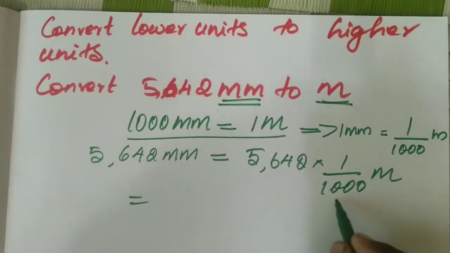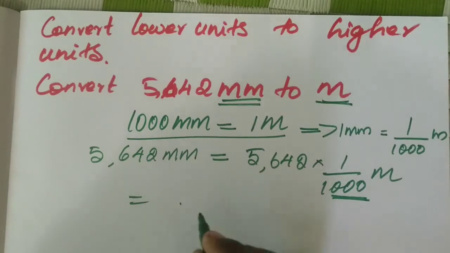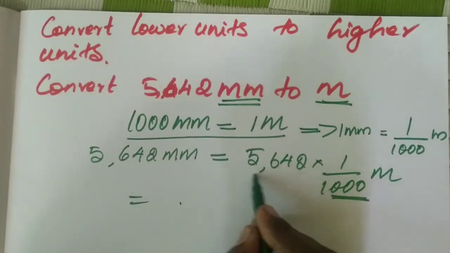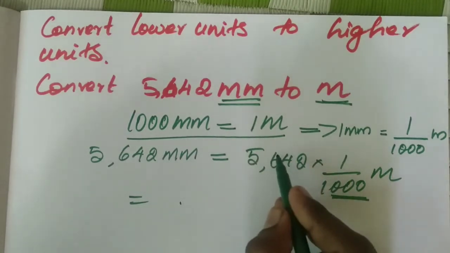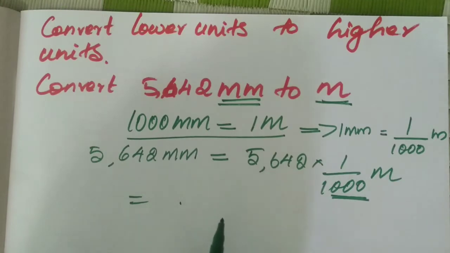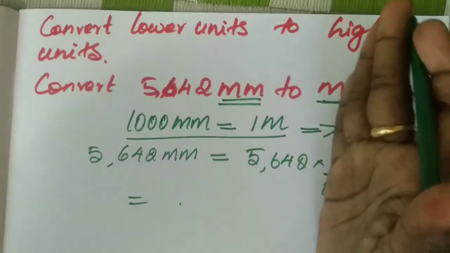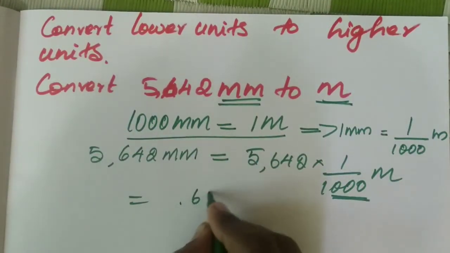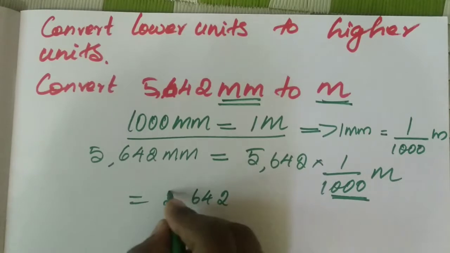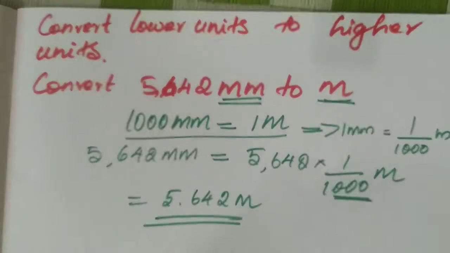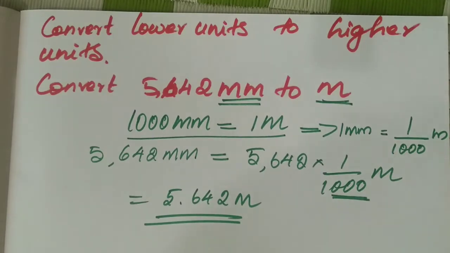If the denominator contains 3 zeros, there should be 3 numbers after the decimal point. So choose from your right to left and write the 3 decimal numbers: 6, 4, 2, and 5 here. So the answer is 5.642 meter. Are you clear, guys?